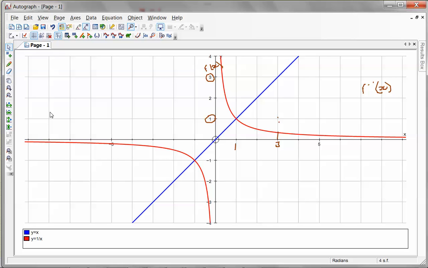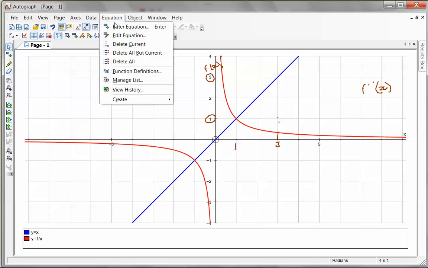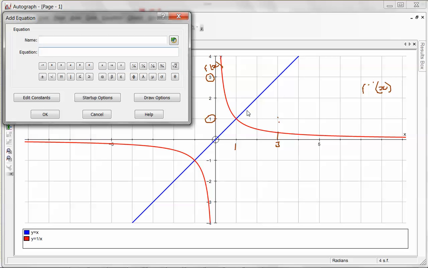Well, let's have a look. What would the function be? You can't just say x, it has to be y equals x over 1, that's y equals x.